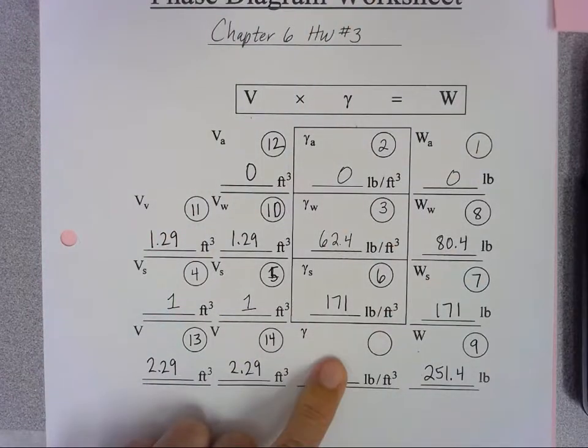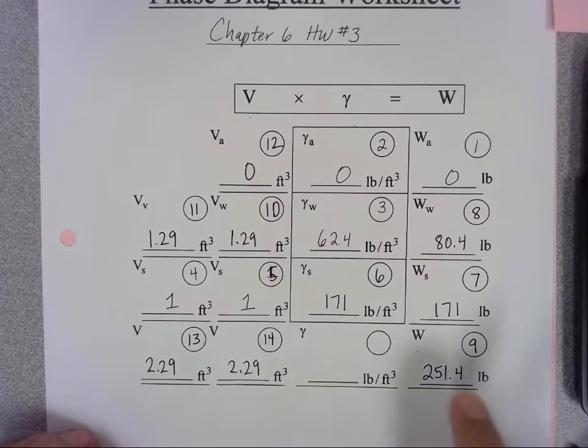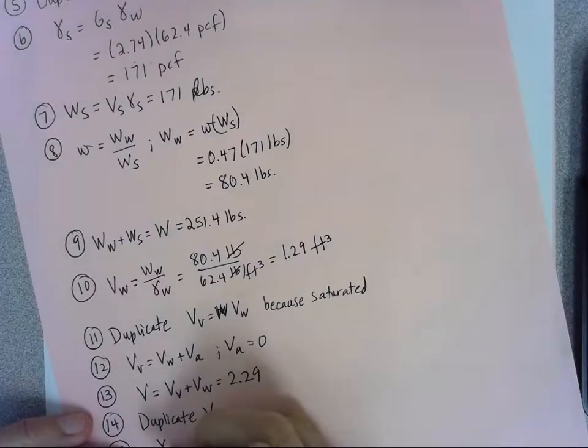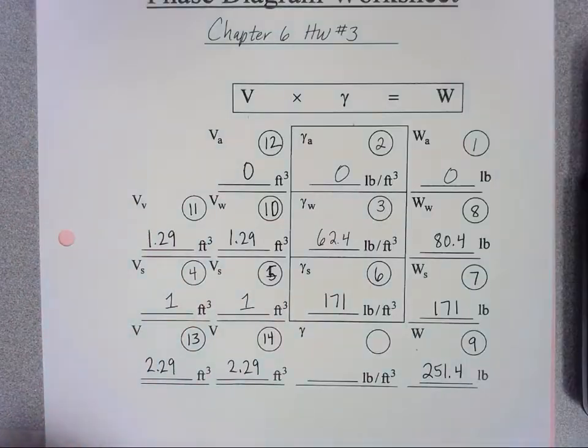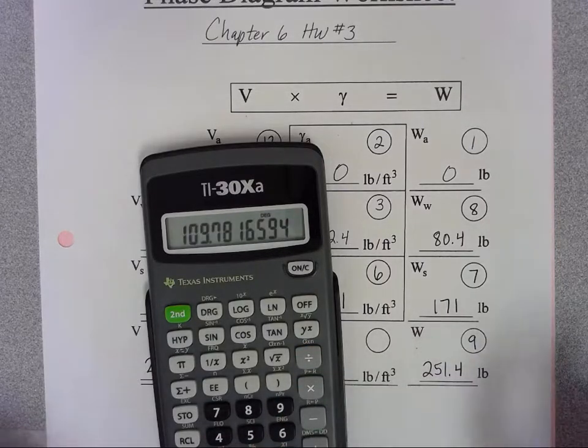I want to find this total gamma, and the way I can find that is to take the total weight and divide it by the total volume. So I'm going to write that equation here, weight over volume. I'll do that in my calculator. 251.4 divided by 2.29, and I get 109.78.